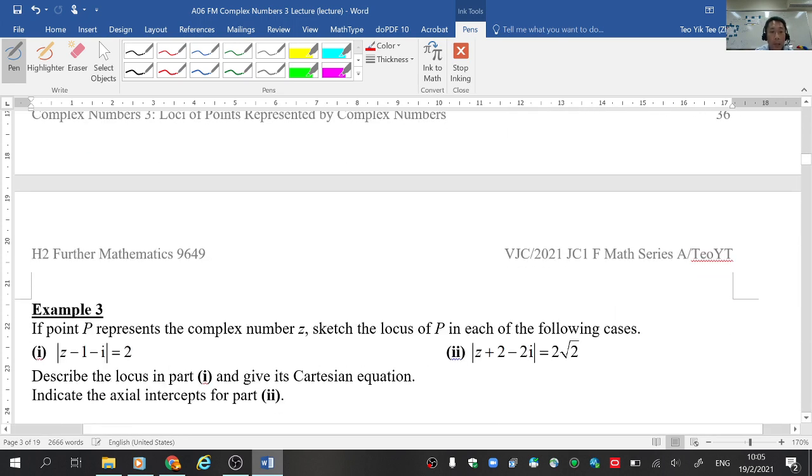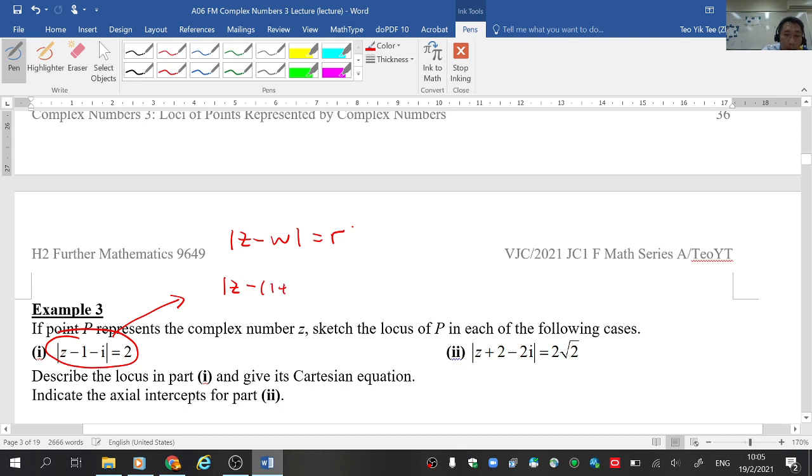So one example to run you through. If you look at this, modulus of z minus 1 minus i. This looks very close to what we have, z minus w. Remember, we must hit this form. So right here I need to modify it or readjust it and make it look proper.